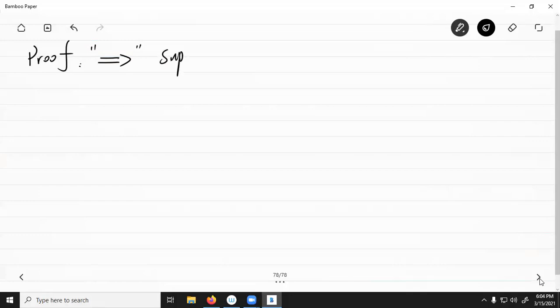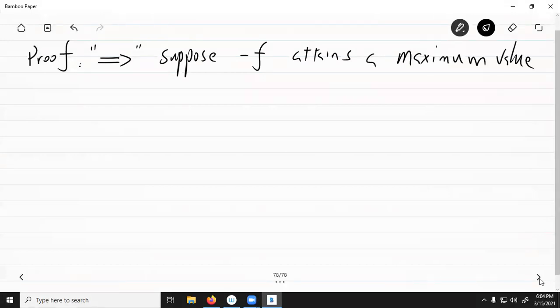So suppose negative f attains a maximum value. This proof should not be hard. What does this mean? It's just maximum value, but we need to use some math language to describe it.